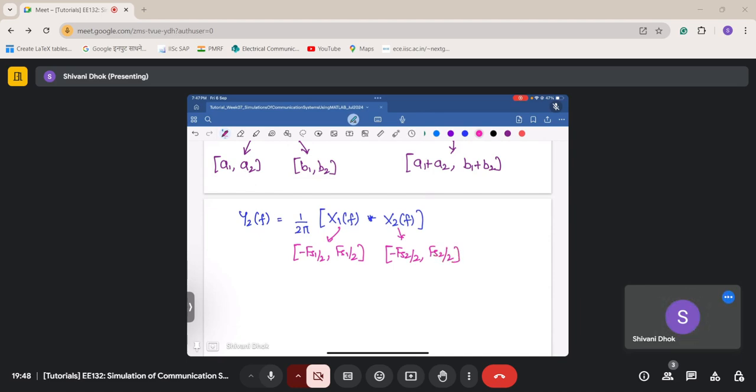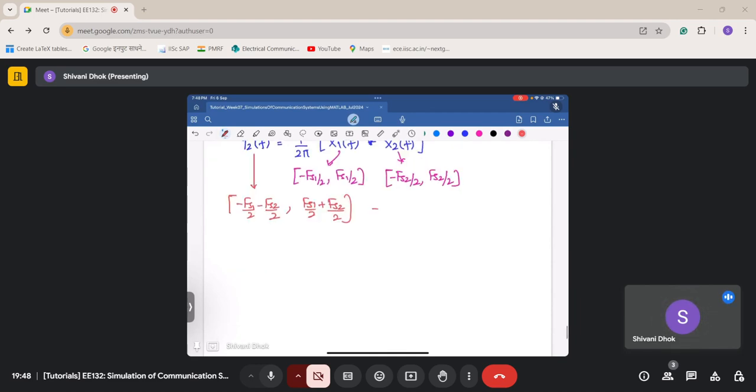So by using this particular property which I just stated, y2(f) will lie between minus fs1 by 2 minus fs2 by 2 to fs1 by 2 plus fs2 by 2, which we can equivalently write as minus (fs1 plus fs2) by 2 to (fs1 plus fs2) by 2.